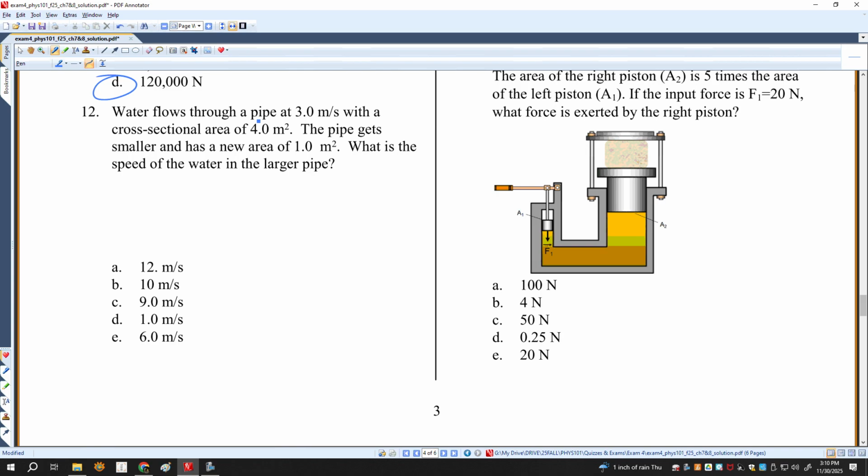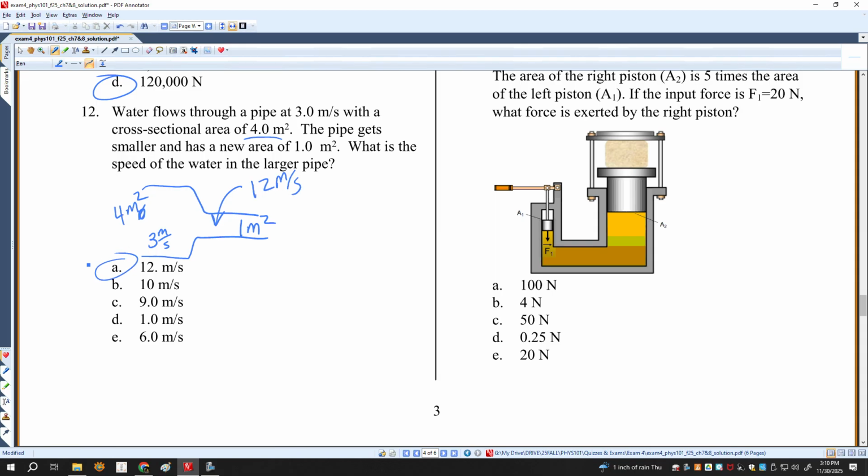Okay, so this is a continuity equation. Notice I start out with 4 square meters and I go to 1 square meter, and I have 3 meters per second here. So I can imagine here that I'll have a faster speed by a factor of 4, so it's going to be 12 meters per second.